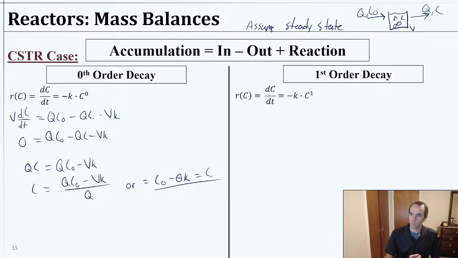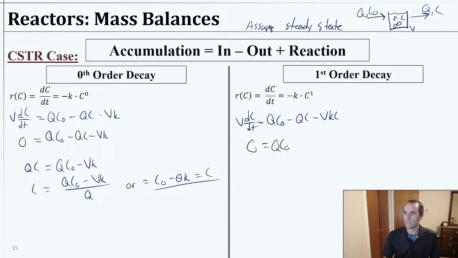Now, for a first order decay reaction, we'll do the same process. V dC/dt equals QC naught minus QC, in this case minus VKC to the 1 power. Again, if we assume steady state, this will be 0 equals QC naught minus QC minus VKC.